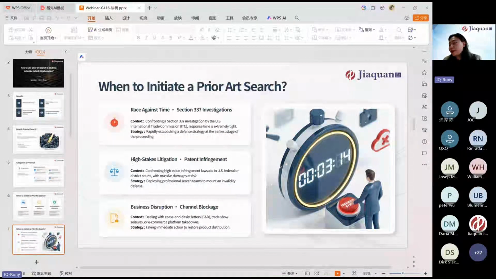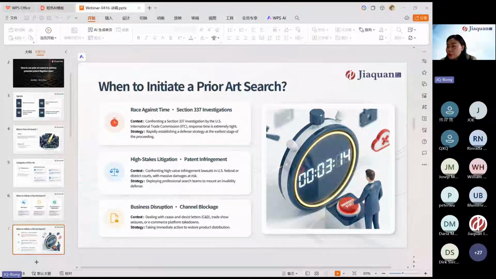Page 7. Okay, good. Let me provide 3 specific situations for the third scenario. First, in a Section 337 investigation, the time is very, very tight. On one hand, we need to carry out a design-around for the product. On the other hand, we also need to consider filing a non-infringement defense or prior art defense.